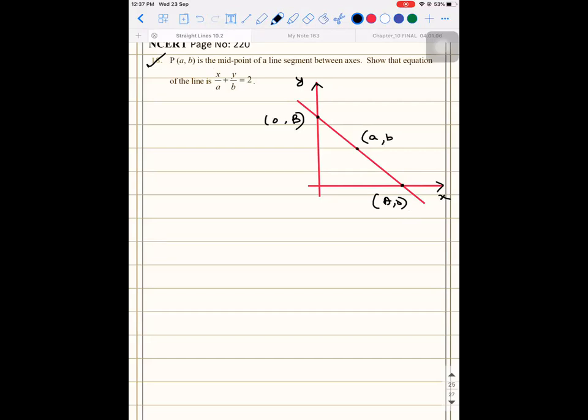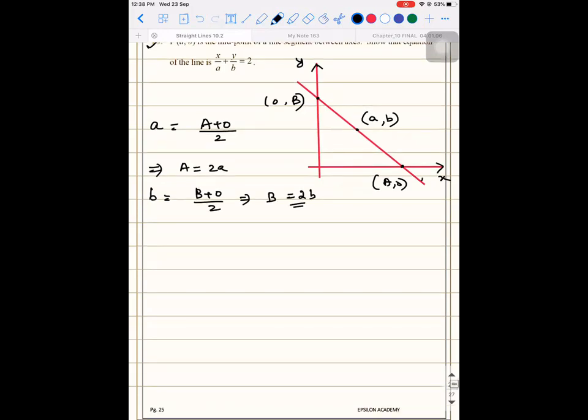It is a comma b, right? So small a, can I write it as capital A plus 0 divided by 2, which implies capital A is equal to 2a. Similarly, small b is equal to capital B plus 0 divided by 2, which implies capital B is equal to 2b.